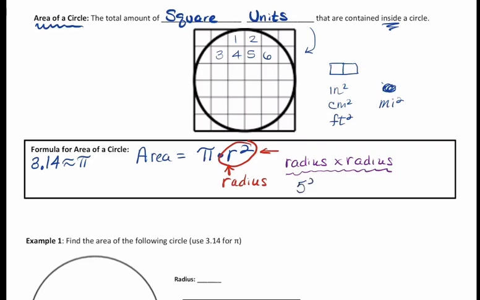So 5 squared is not 10. 5 squared is 5 times 5, which is 25. 6 squared is not 12, it's 36, 6 times 6. 10 squared isn't 20, it's 100, because it's 10 times 10. So when you're squaring something, you're multiplying it by itself, not by 2.